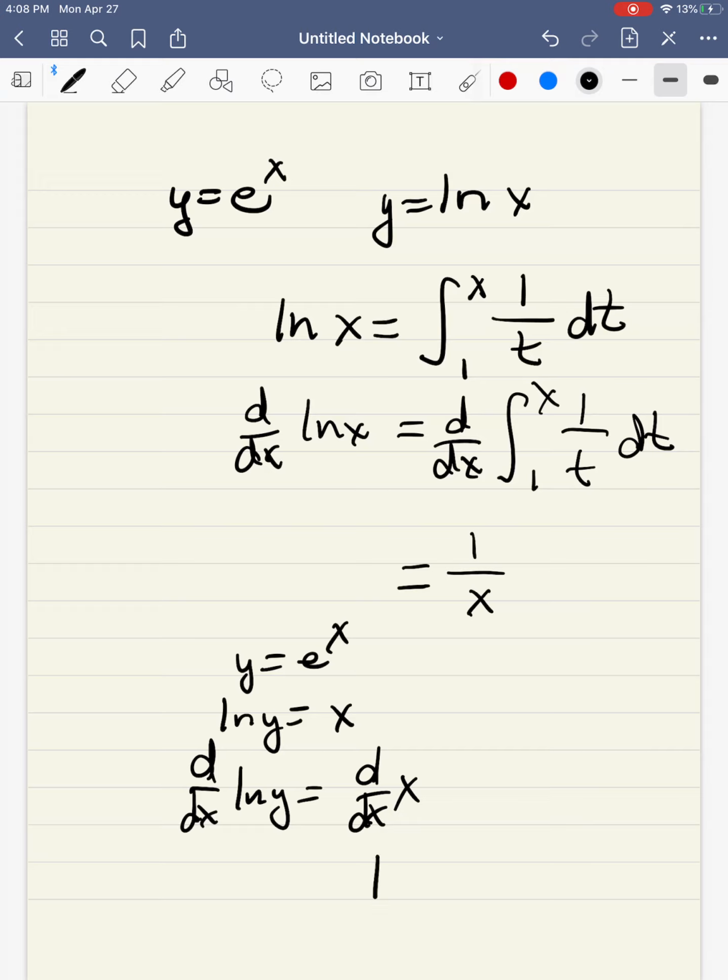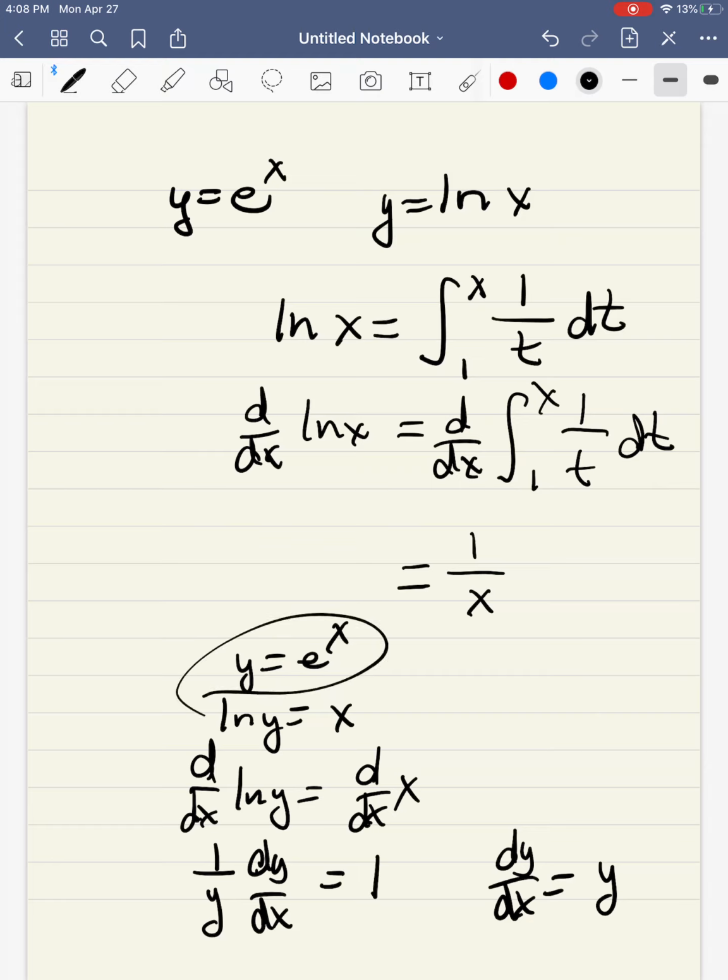So this is just equal to 1, and this is equal to 1 over y dy dx. So if we solve for dy dx, we get y, and y was equal to e to the x. So dy dx equals e to the x. All right, so we just proved both of those derivatives.